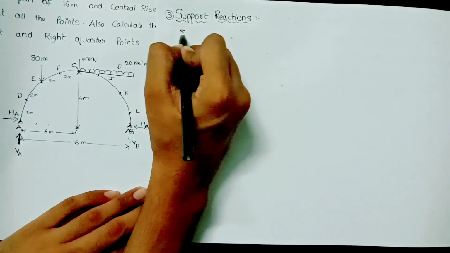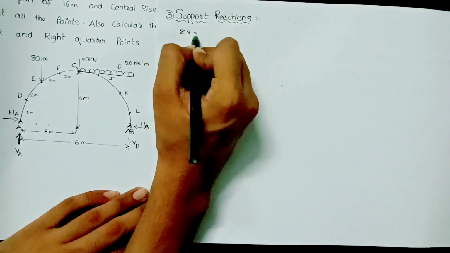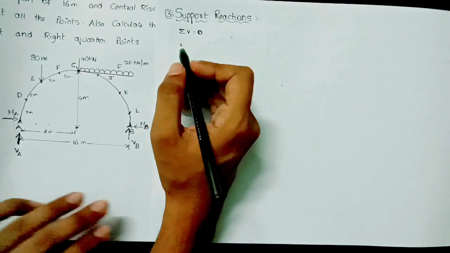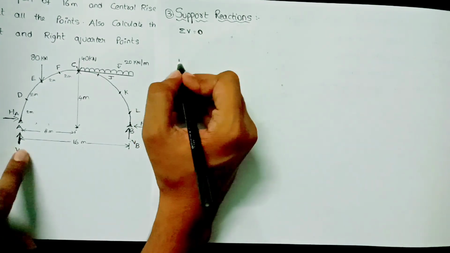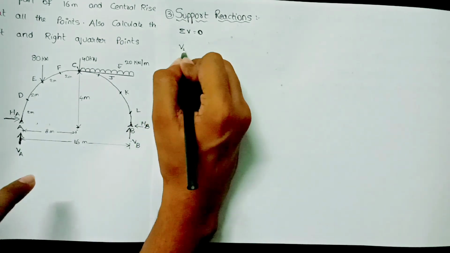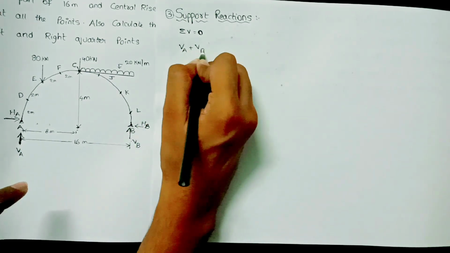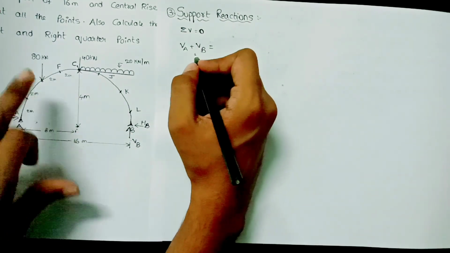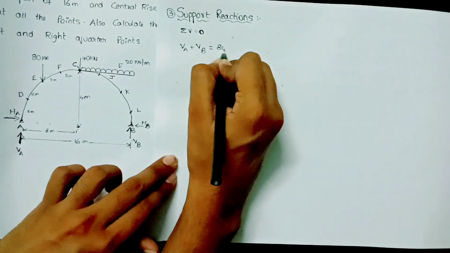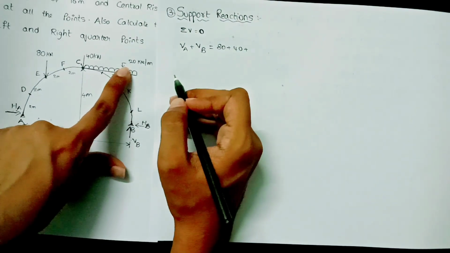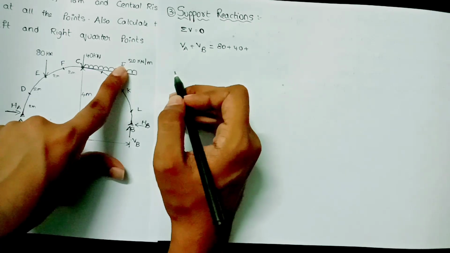First I am using the equilibrium equation sigma V equal to 0, so the algebraic sum of all the vertical loads is equal to 0. VA and VB are the vertical reactions acting in the upward direction. So VA plus VB equal to the summation of downward loads: 80 plus 40 plus the 20 kilonewton per meter UDL.